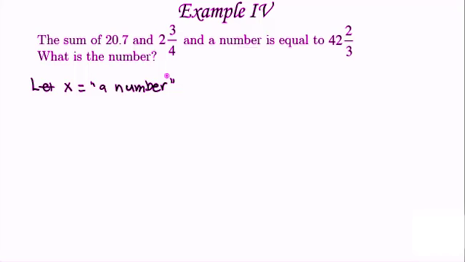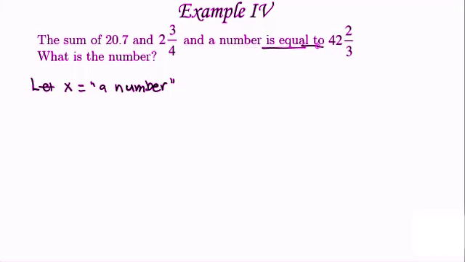The next thing I'm going to do is look for the equal sign. The sum of 20.7 and 2 3/4 and the number is equal to. They made it really easy for me this time by just saying is equal to. So I know that's where my equal sign is. Looking at the left half of the equation. The sum of. That's telling me that I need to add.